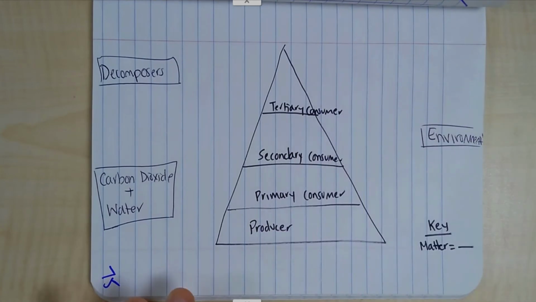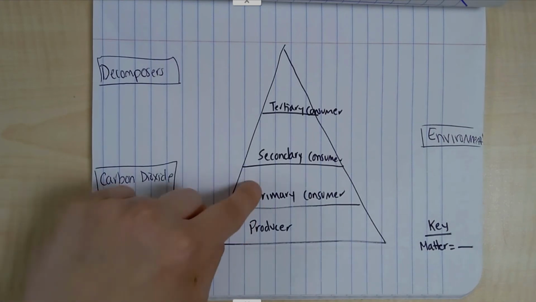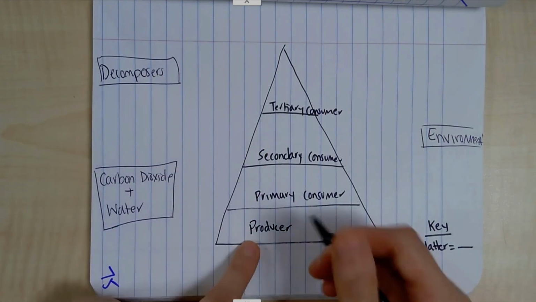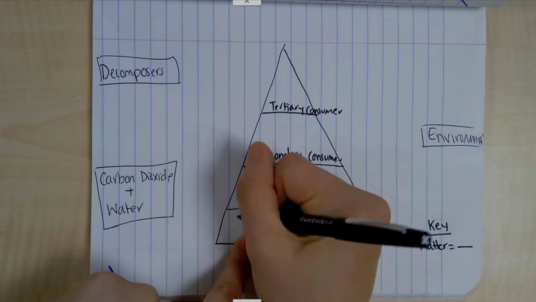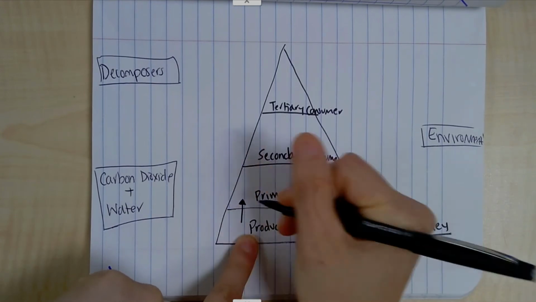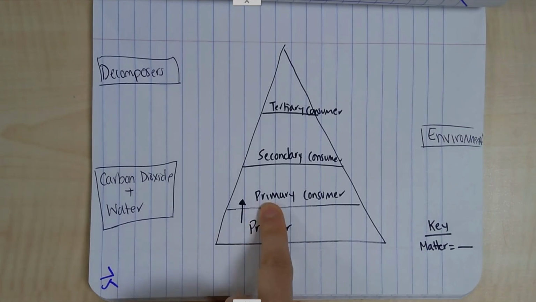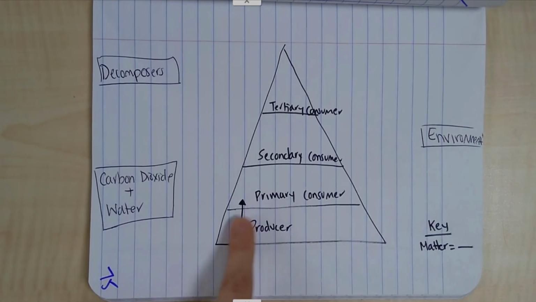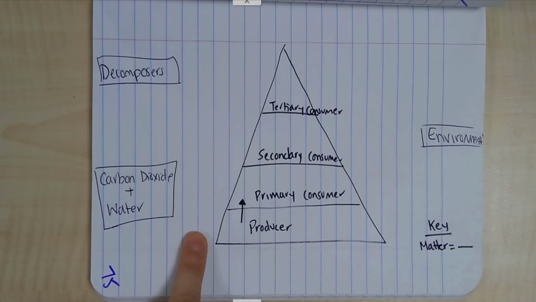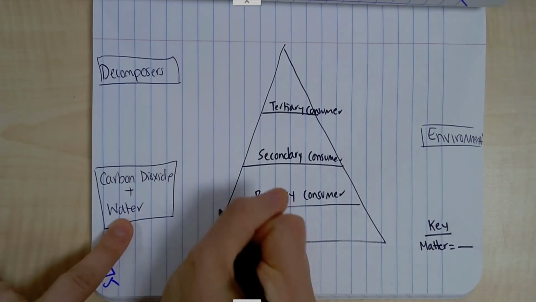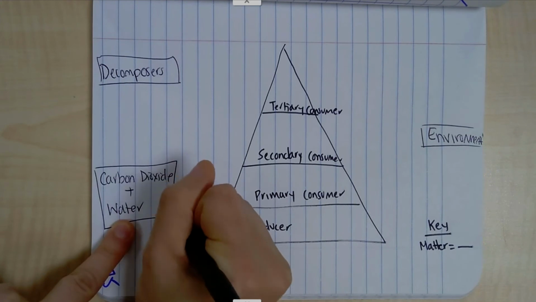So if we're talking about matter, we know that it goes from one organism to another to another. So the primary consumer eats the producer. So this is going to be my matter. Again, nothing has changed from before. Remember, when it eats it, it also releases carbon dioxide and water. That's our cellular respiration.